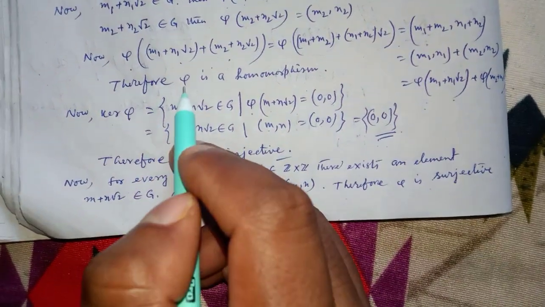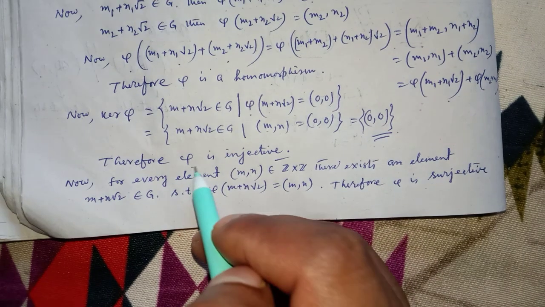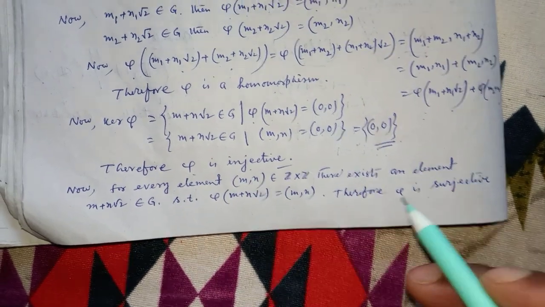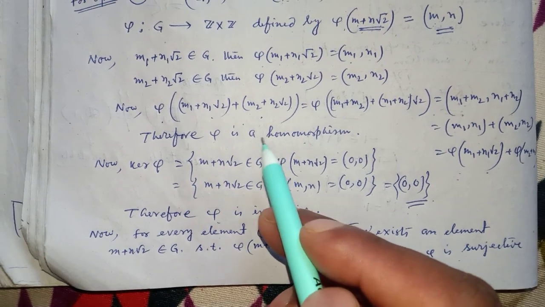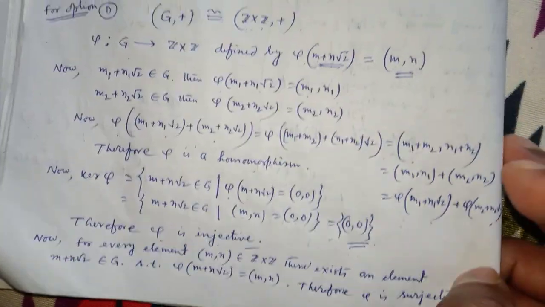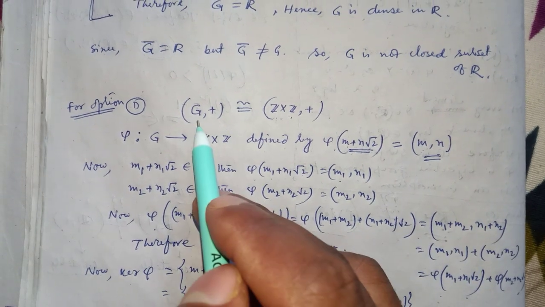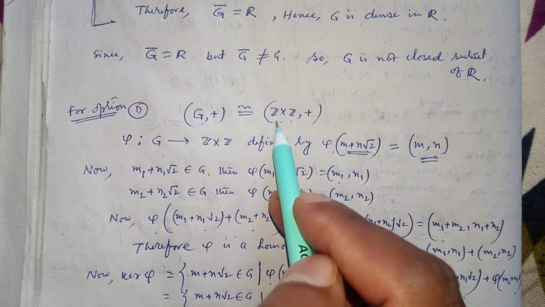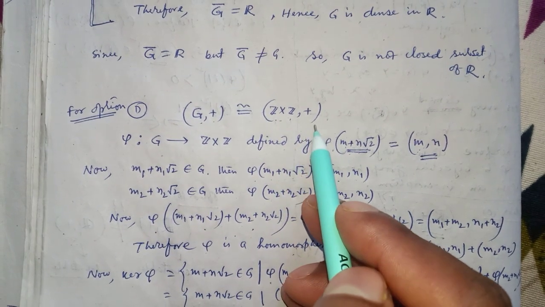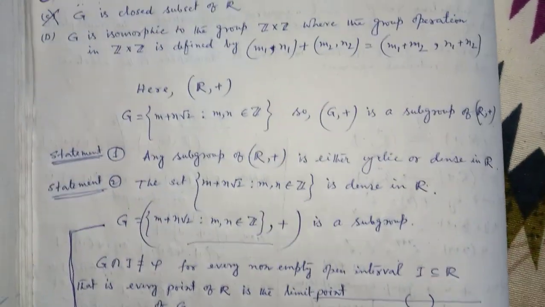Now phi is a homomorphism and phi is injective as well as surjective, therefore phi is bijective, that is, phi is an isomorphism. Therefore the group G under addition is isomorphic to the group Z cross Z under addition. Therefore option D is also true.